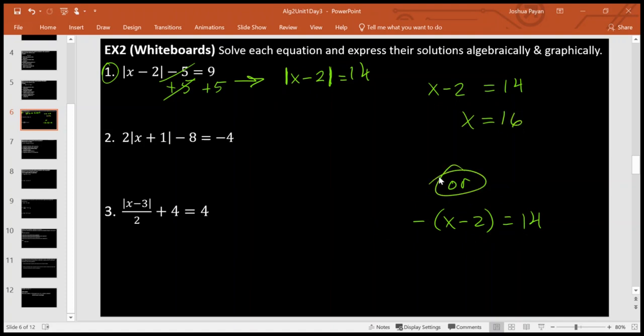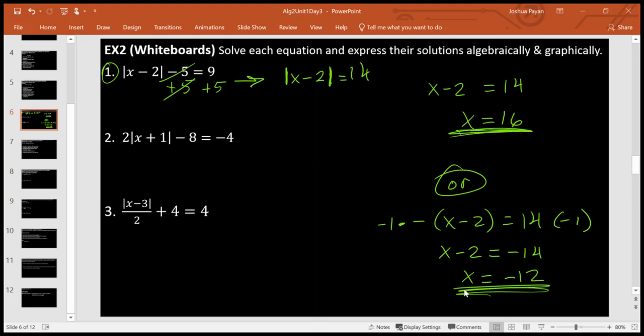Or multiply both sides here by negative 1, and we end up with just positive x minus 2 equals negative 14 now. Add 2 to both sides. So x equals 16 or x equals negative 12, right?